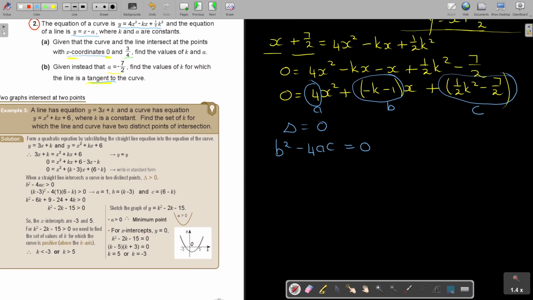Just want to get my pen. So (minus k minus 1) squared minus 4 times 4 times c, which is half k squared minus 7 over 2, and that will be equal to 0. Okay, now I simplify.